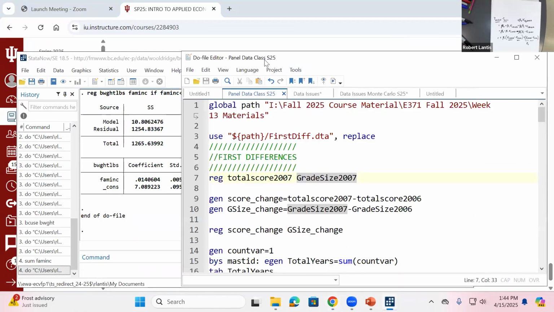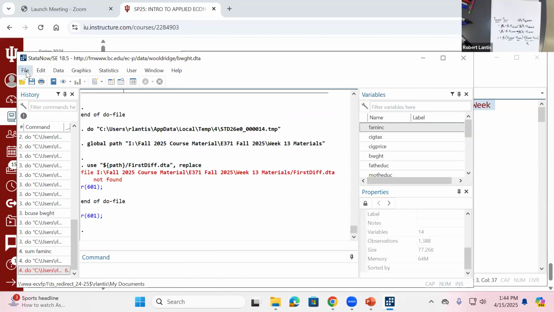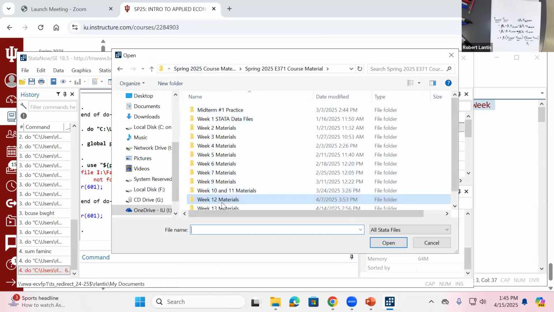Essentially, I've got panel data class that just lets me know which one's mine, the one I post on Canvas, okay? So I've got my global already set. I could set it again, and then, oh, why is this not right? Let's make sure that I've got it there. Week 13.